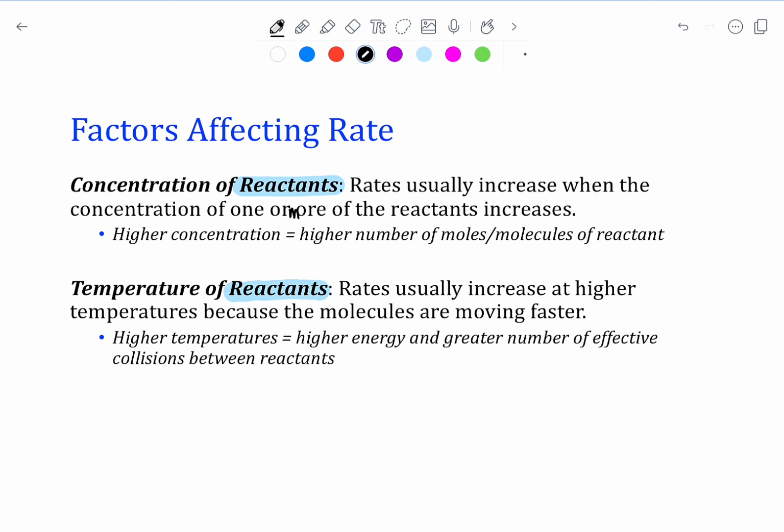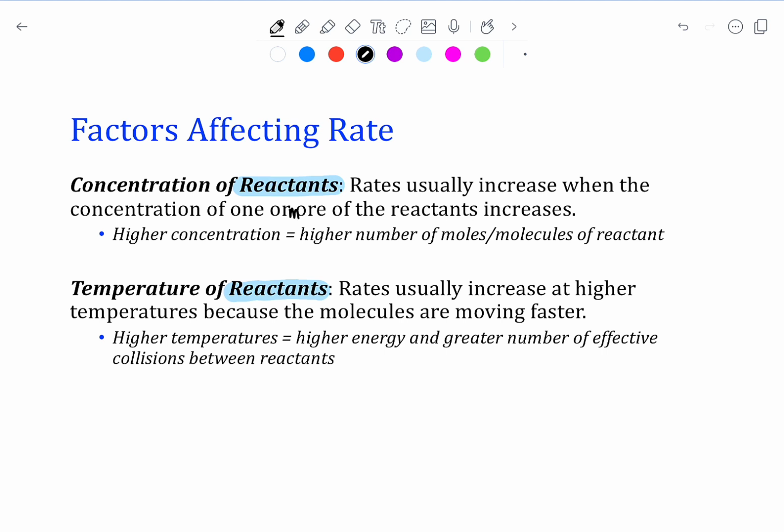If there's more individual molecules, meaning we have more of a concentration of that reactant or reactants, then there's going to be greater chances that those collisions are going to happen more effectively, causing products to form at a faster rate. So a higher concentration will always equal a higher number of moles or molecules of reactant in order to promote the production of product.